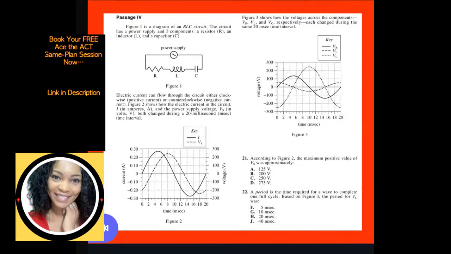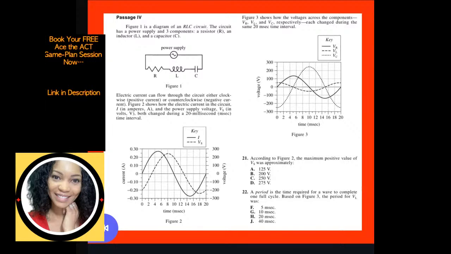It says, according to figure 2, the maximum positive value of V sub S, and I'm sure they tell you what that represents in the reading, but right now all we need to know is that symbol or that abbreviation. V sub S was approximately what?